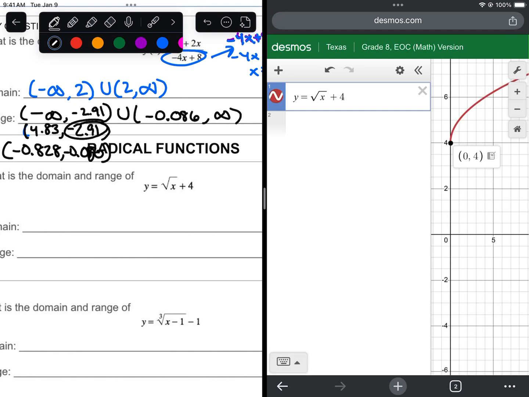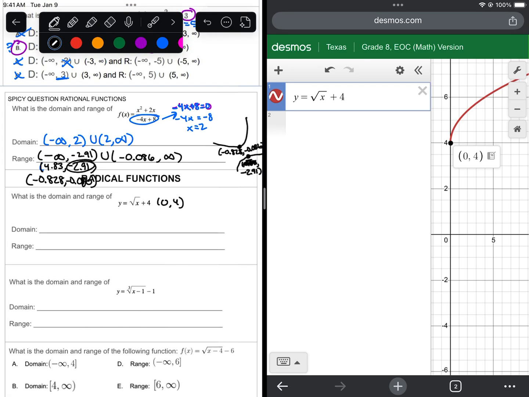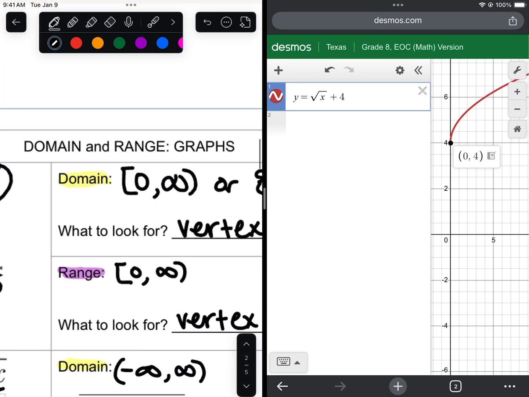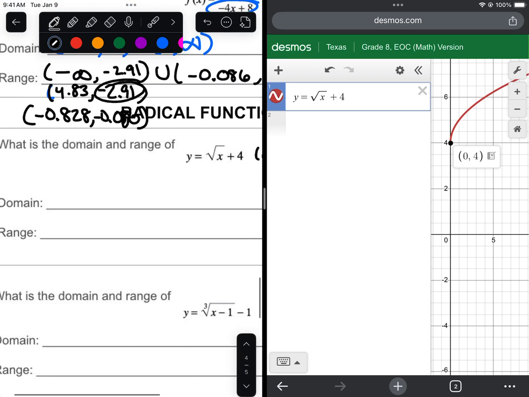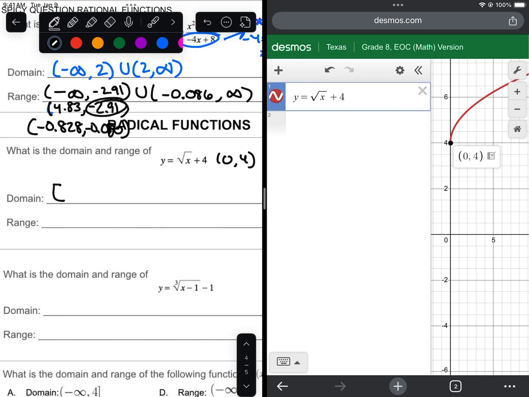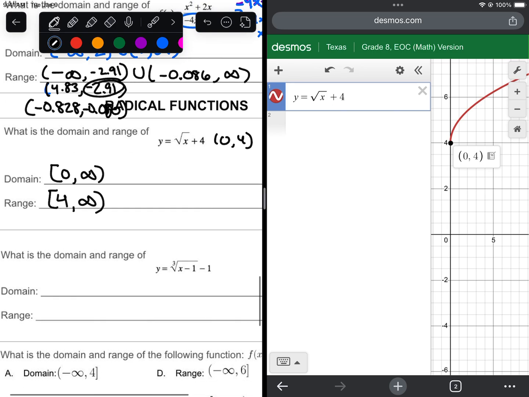I can see I have this vertex point at 0, 4, and everything's based off that vertex point. So if you go back to the very front, cool. X value is going to have a bracket, y value is going to have a bracket. So your domain is bracket 0 to infinity, bracket 4 to infinity, because it's going up and to the right.